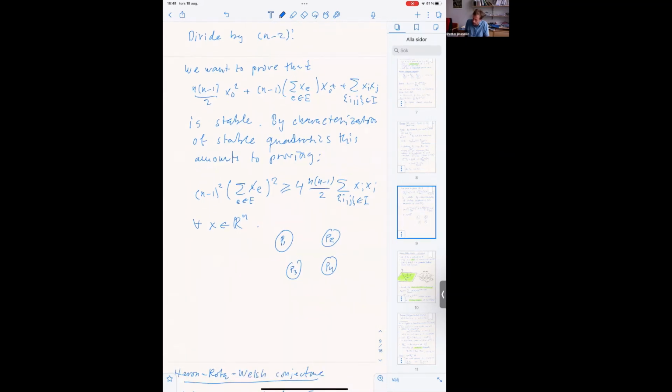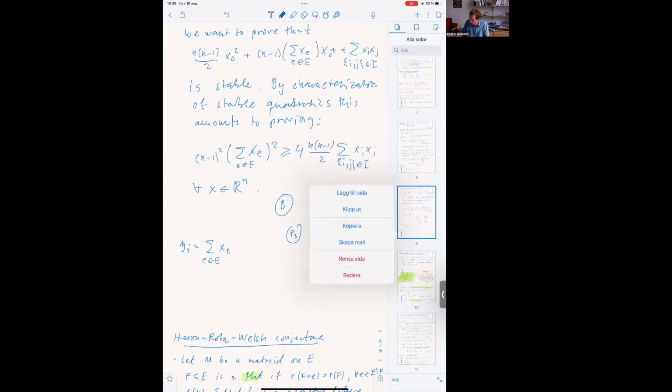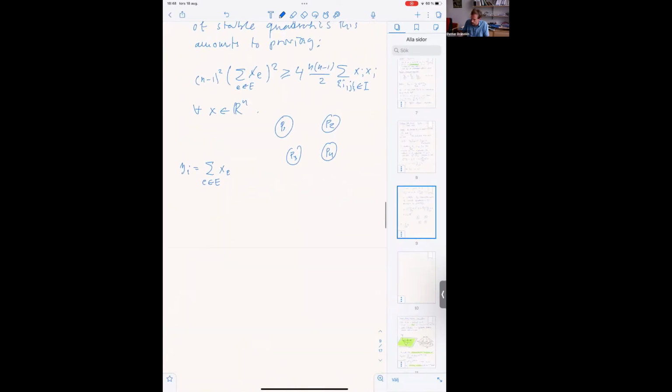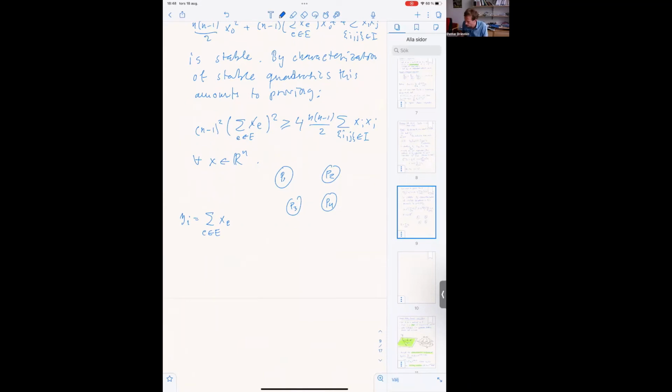So let us now say y_i is the sum over all e in the parallel class of x_e. So what does this say?